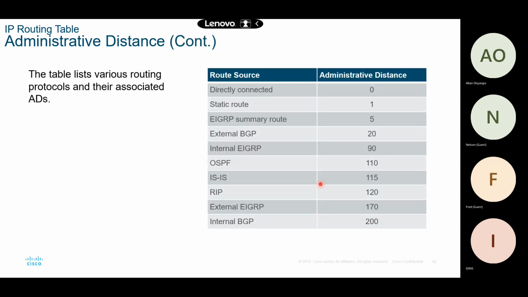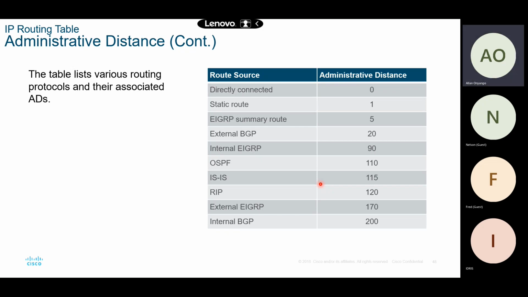Now, you can see a group of administrative distances here. Directly connected networks have an AD of 0, all of them. Static routes have an AD of 1. EIGRP summary route is 5. External BGP is 20. 90 is EIGRP internal. OSPF is 110, as we saw. IS-IS is 115.